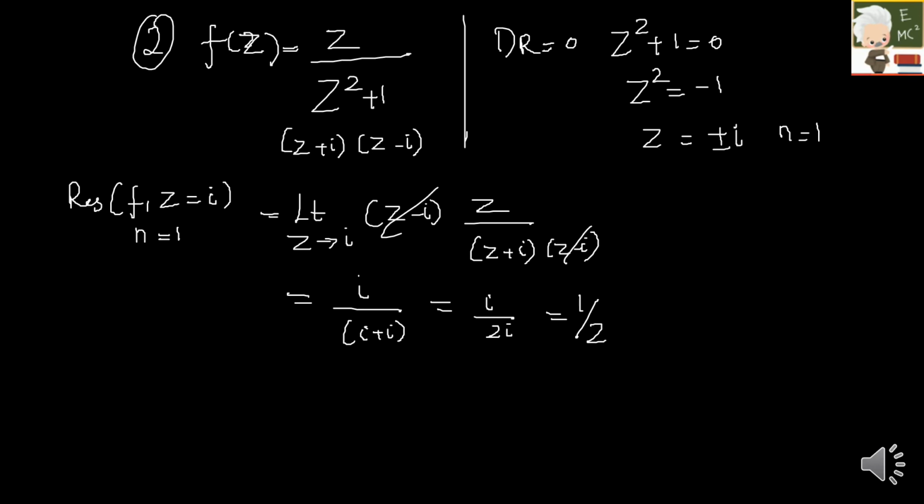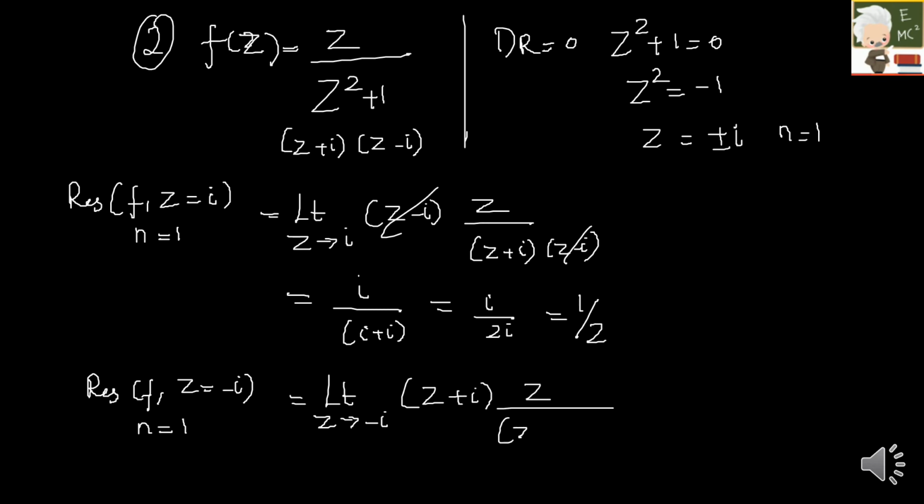So let me do the other one, minus i. So residue of f comma z is equal to minus i. Here my pole is of order 1. So limit z tends to minus i would be (z minus of minus i), which becomes (z plus i), into z by (z plus i) into (z minus i), right?